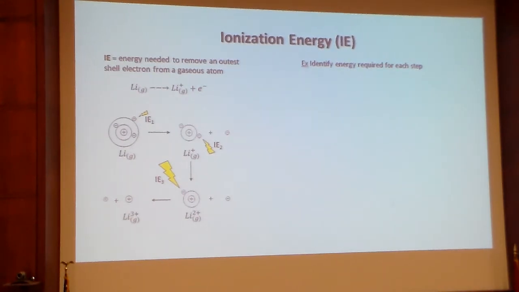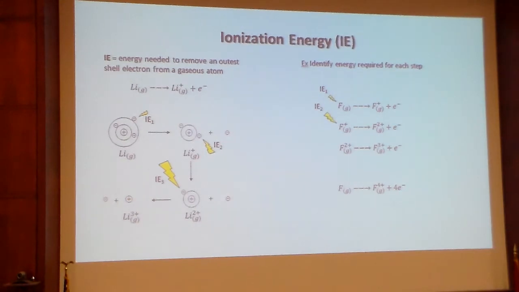So for that, identify the energy required for each step. First one: neutral fluorine becomes fluorine plus. What do you call that IE? IE1. Now, from F plus to F2 plus, what do we call this energy?